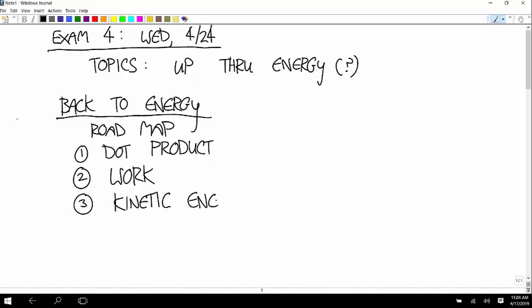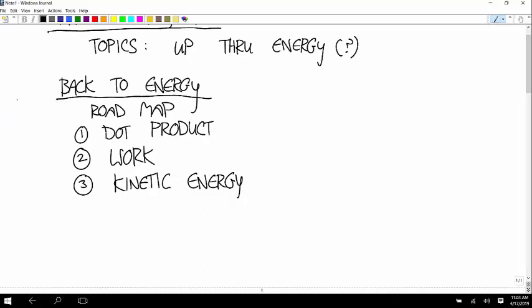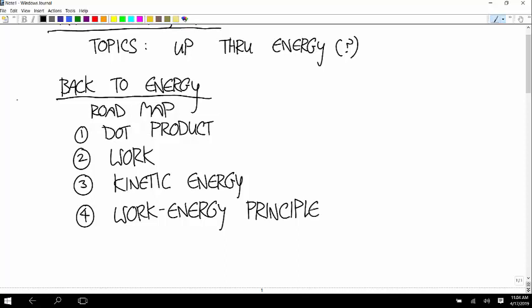I've been talking about how you can think of energy as just related to an object's speed, as long as we're not talking about thermal energy and stuff. And so this will tell you the explicit relationship. Once we have work and kinetic energy, we can talk about the work energy principle. The work energy principle is the most general equation for mechanical energy.